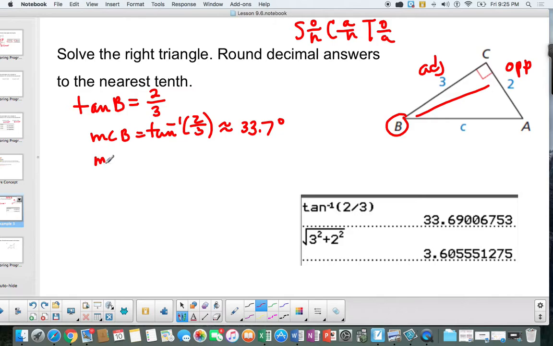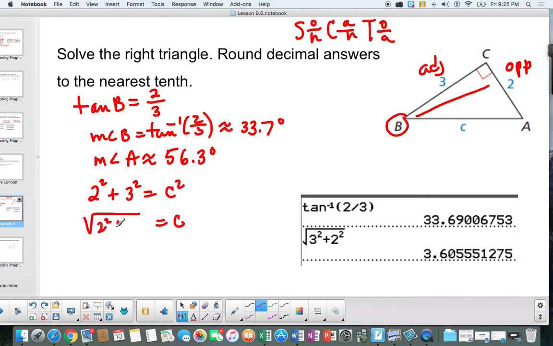That means the measure of angle A will be the complement. So all I have to do is subtract from 90. 90 take away 33.7, and I'm going to get 56.3 degrees. Now the last thing is I have to find C, and I can use the Pythagorean theorem. 2 squared plus 3 squared is equal to C squared, or C is equal to root 2 squared plus 3 squared.